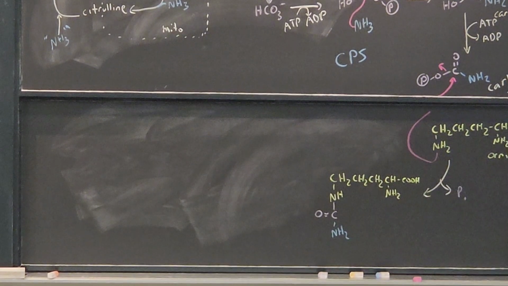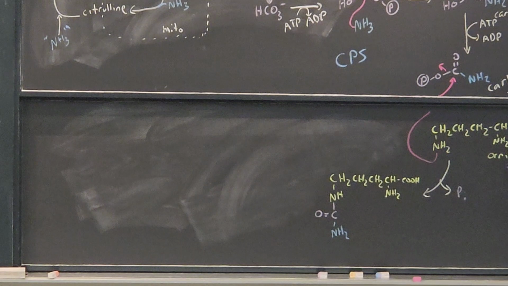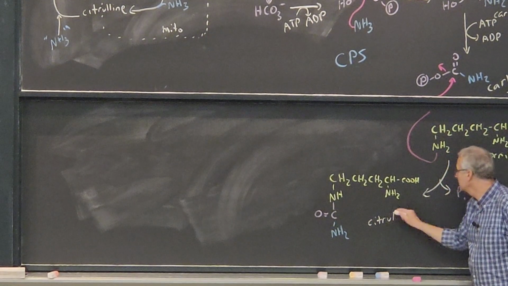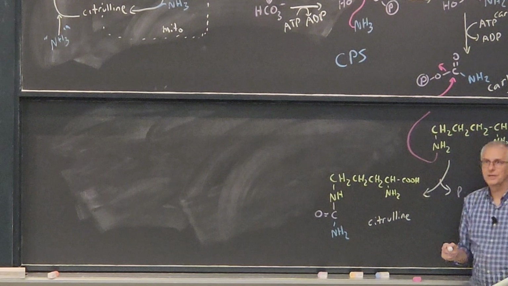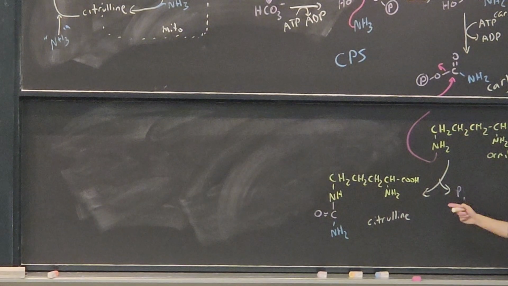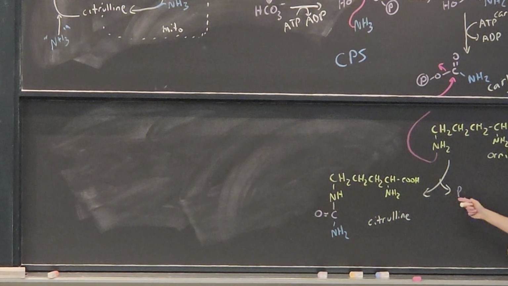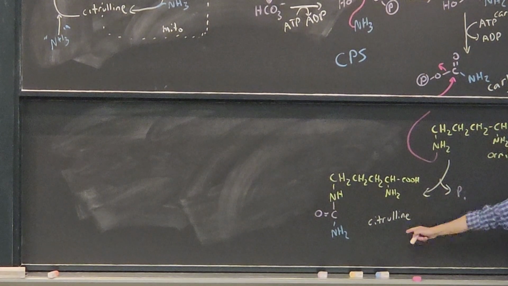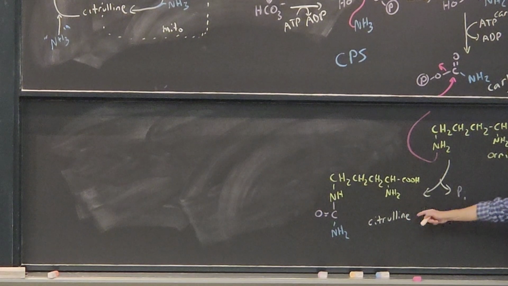And this here, so carbamoyl phosphate plus ornithine gives me this. This is citrulline. This reaction occurs in the mitochondria. Basically, make carbamoyl phosphate with CPS and then react that to make citrulline in the mitochondria.